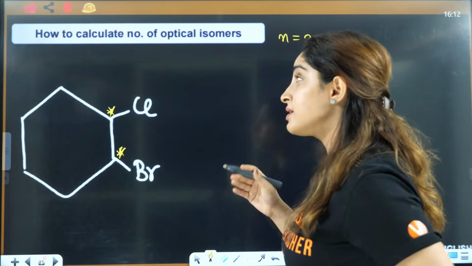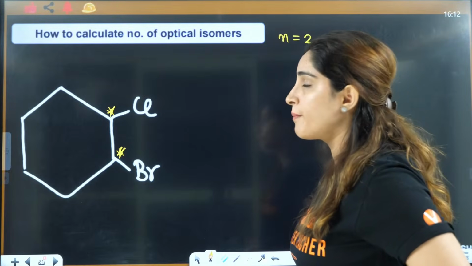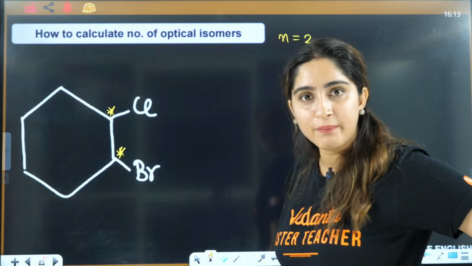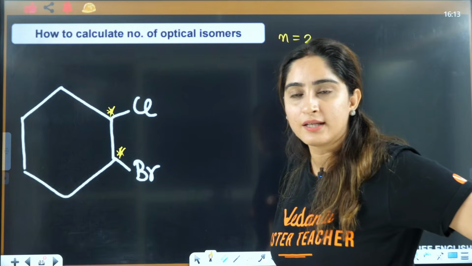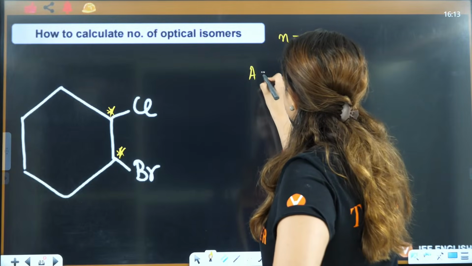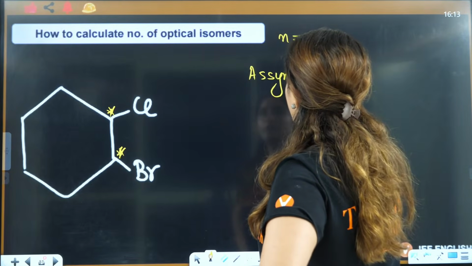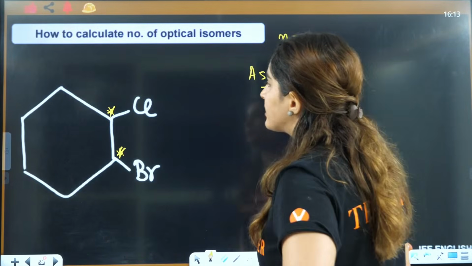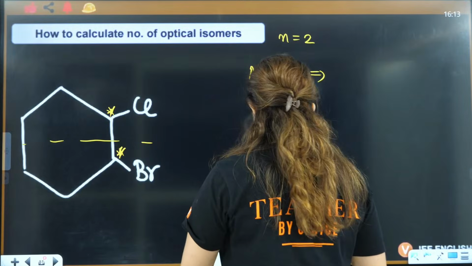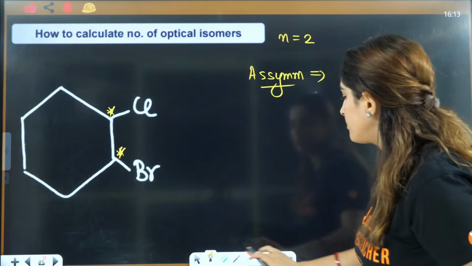Is this symmetrical? Does it have any plane of symmetry here? No, this is asymmetrical. If you pass this plane, it is not divided into equal halves, so this is not a symmetrical molecule.